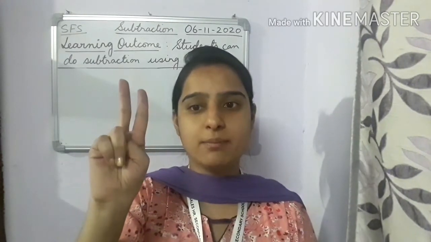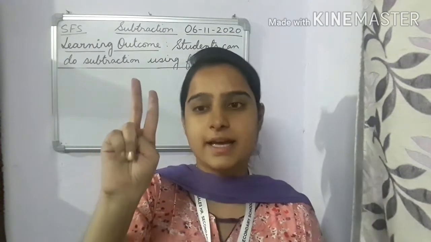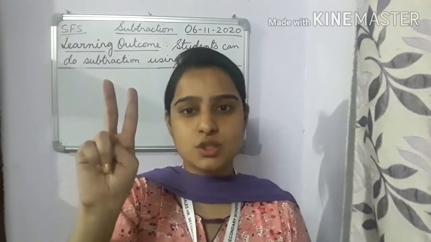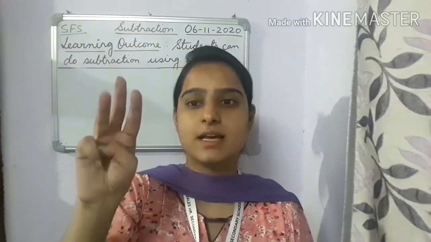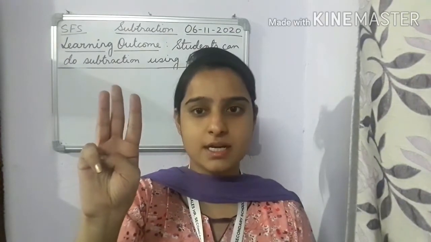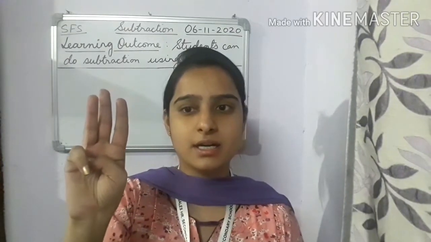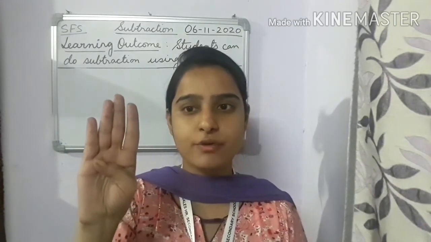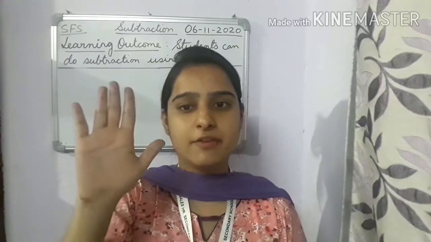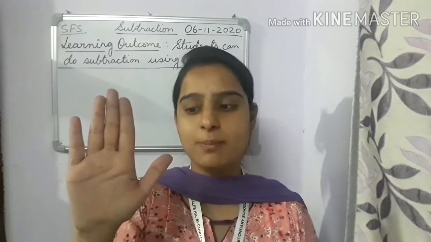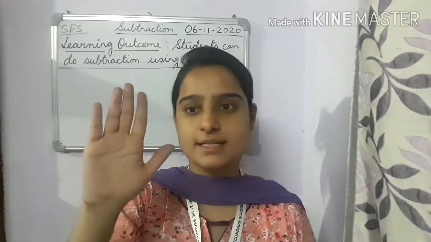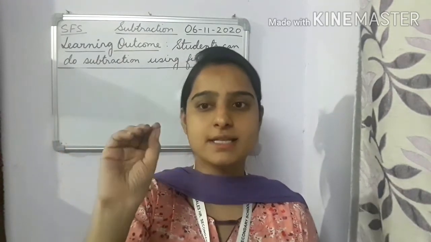If I open my 2 fingers, it means this is number 2. Yes. If I open my 3 fingers, it means it is number 3. Very good. If I open my 4 fingers, it means it is number 4. If I open all my fingers of one hand, that is 5 fingers, it means it is number 5.